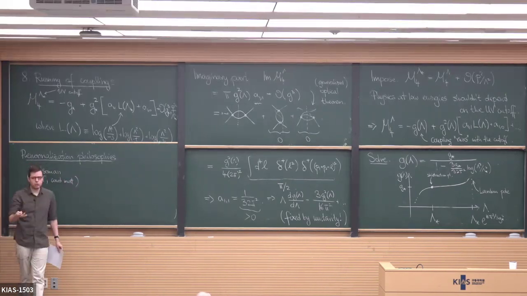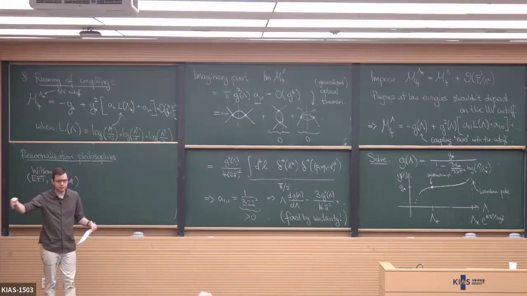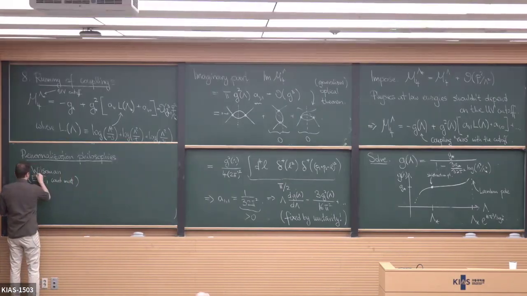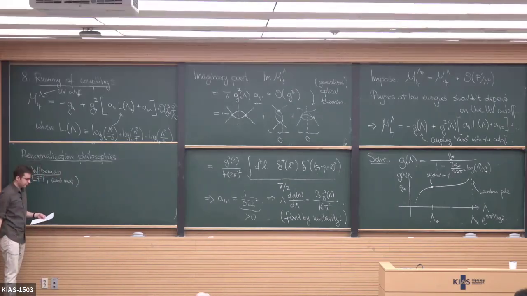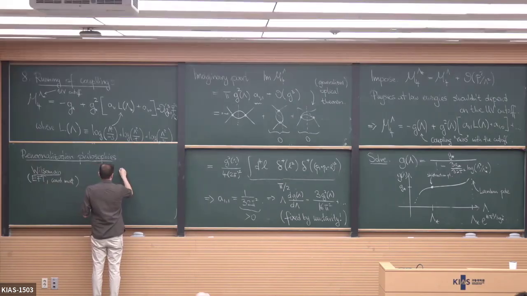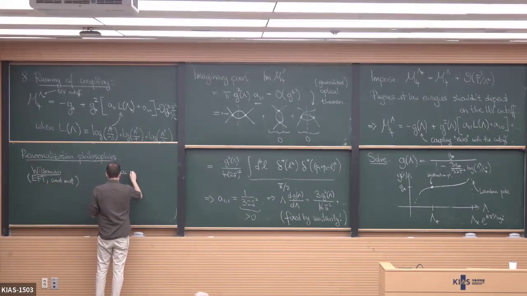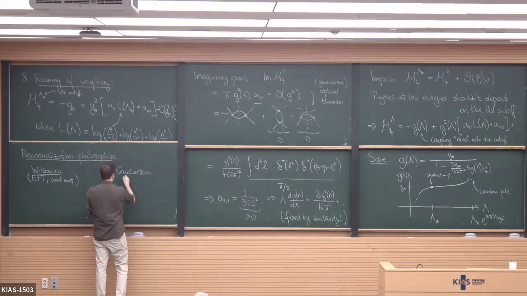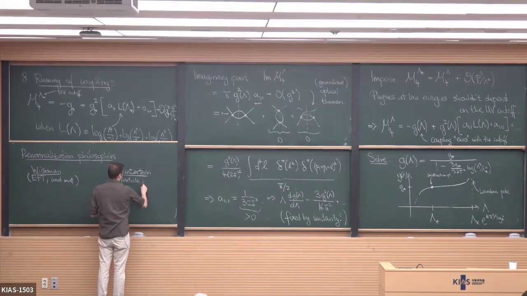Okay? And it's this intuition that I can forget about the fine details of my system if I'm studying it at low energies. And I wanted to contrast that with the other philosophy, which I'm going to call counterterm philosophy, which is what we usually use in particle physics computations.